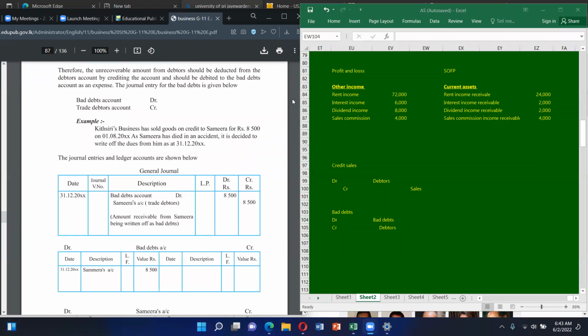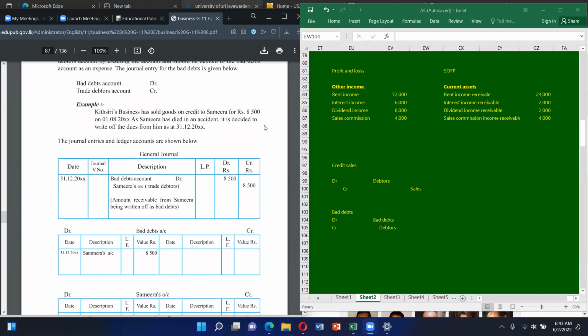Vihanga, can you read the example here? Kitsuru's business has sold goods on credit to Samira for 8,500. As Samira has died in an accident, it is decided to write off the dues from him as at 2021 December 31st.